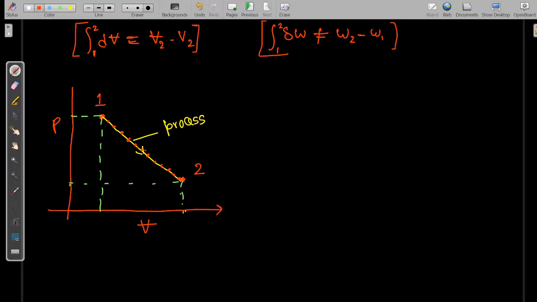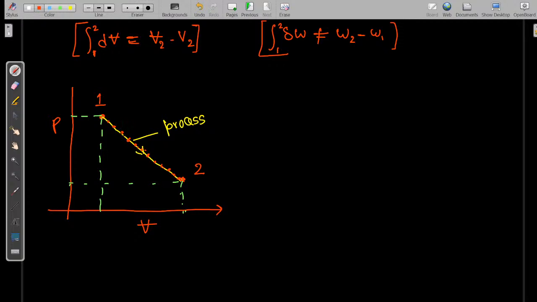Okay, so this is called process path. What is the need of defining a process path? Non-quasi static, you don't have the intermediate points. Okay, we will discuss this. We will discuss what is the quasi static and non-quasi static.